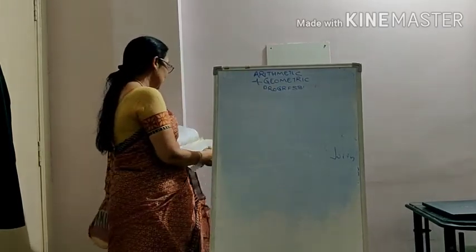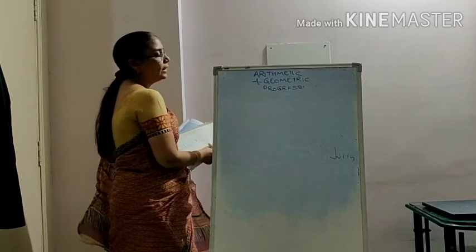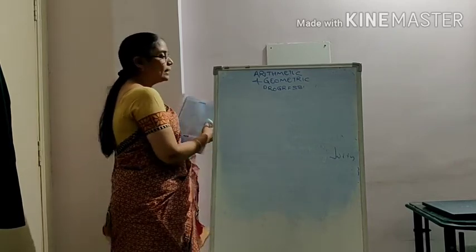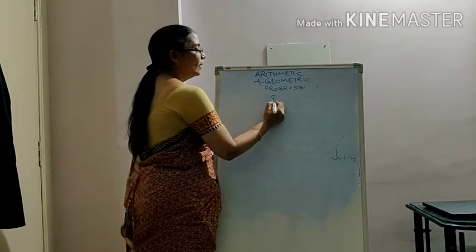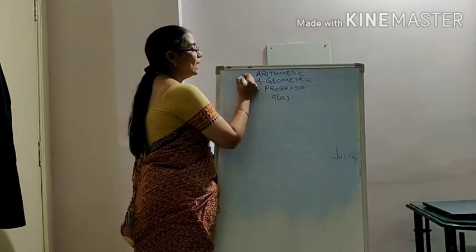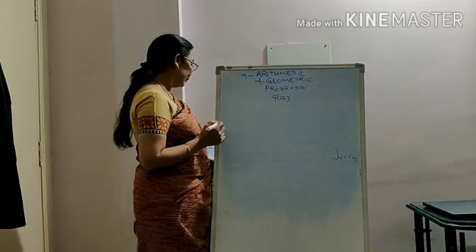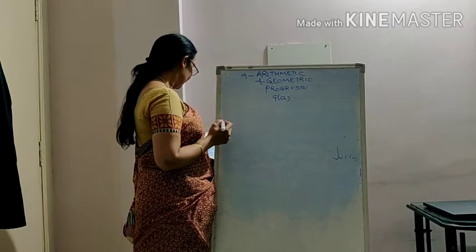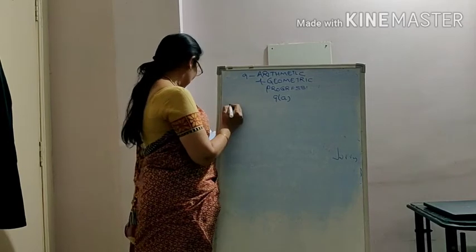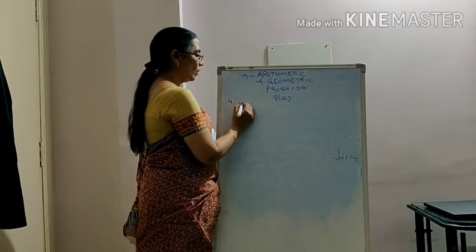The first example, we will be seeing these problems from your exercise only. That is, your exercise is 9A. This chapter is the 9th chapter of your book. Now, this is question number 4.